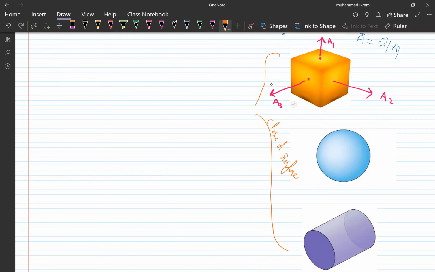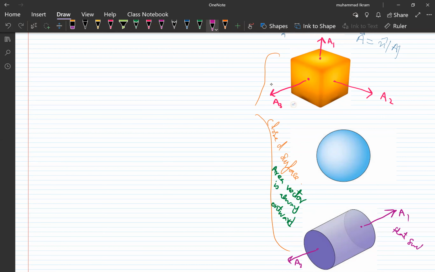For the closed surface, the area vector is always outward, right? So look here, for example. For this surface a1, this surface a2, these are flat surfaces.